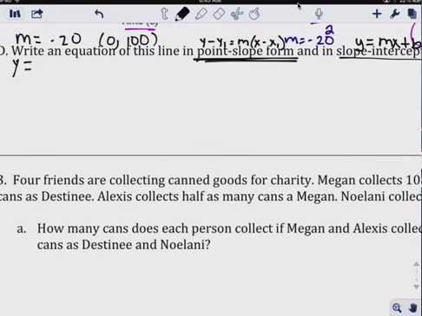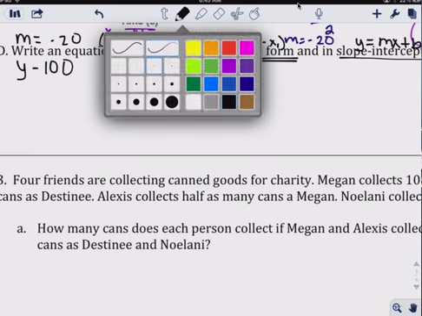Y equals, no, not y equals, I can't write it. Minus y1 equals m. Well, I already have it in here, so I'm not going to write it again. I'm just going to go y minus y1, which is 100. Okay, so I'm going to put x1, y1, so I can see better, to prevent careless mistakes.